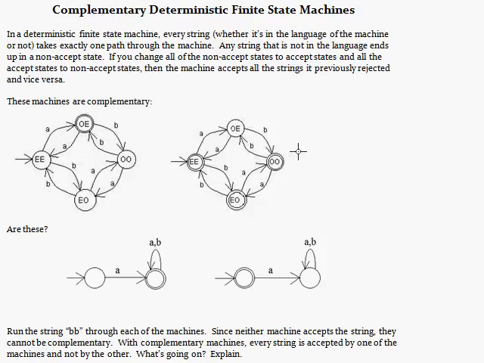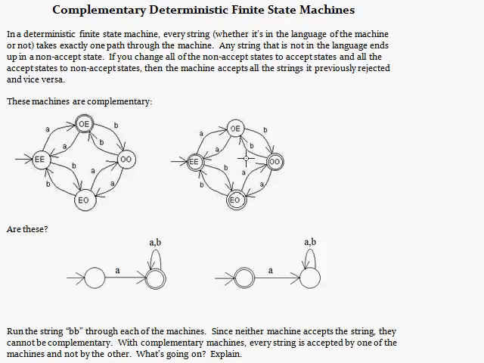If we flip the states to the opposite type throughout the whole machine so that this one becomes a non-accept and these all become accept states, then this machine accepts every string that this machine rejects, and it rejects every string that this machine used to accept. So these two machines are complementary.